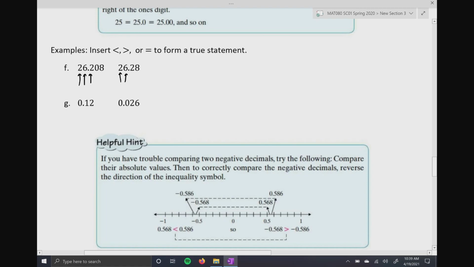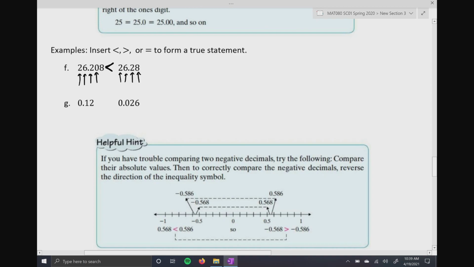Now I'm in the decimal part. 2 and 2, they're the same. Move to the right. 0 and 8. Now they are different. So when I compare this, 0 is definitely smaller than 8. So 26.208 is less than 26.28. Let me write my less than symbol better. There we go. And that's how you compare decimals.